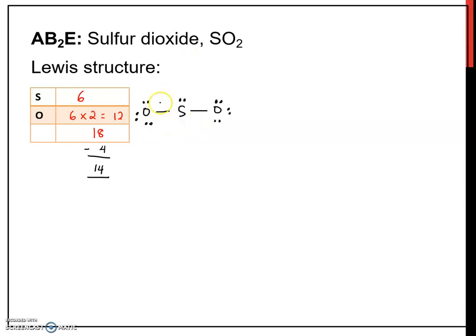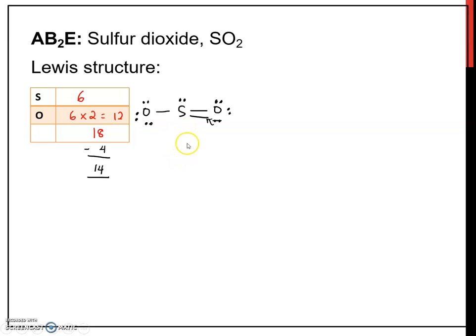So we check the octet. For oxygen 2, 4, 6, 8. For sulfur 2, 4, 6. For oxygen this is enough, 2, 4, 6, 8. So to achieve an octet for sulfur, form a double bond. So we form a double bond here.